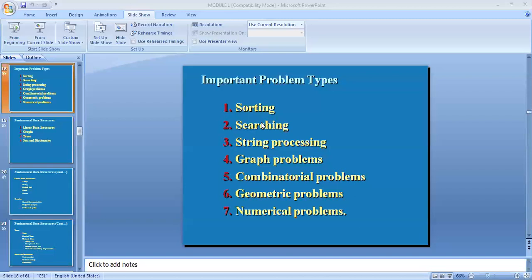For example, whenever a string is given and asked to count the vowels that exist in the given string, or searching the pattern in the given string, these kinds of problems are what string processing deals with.